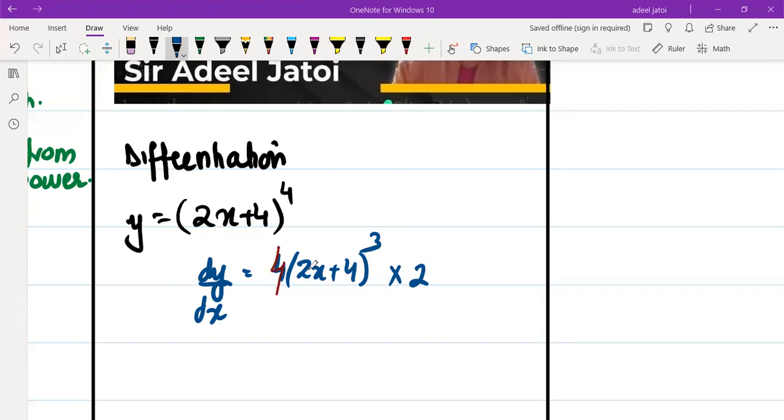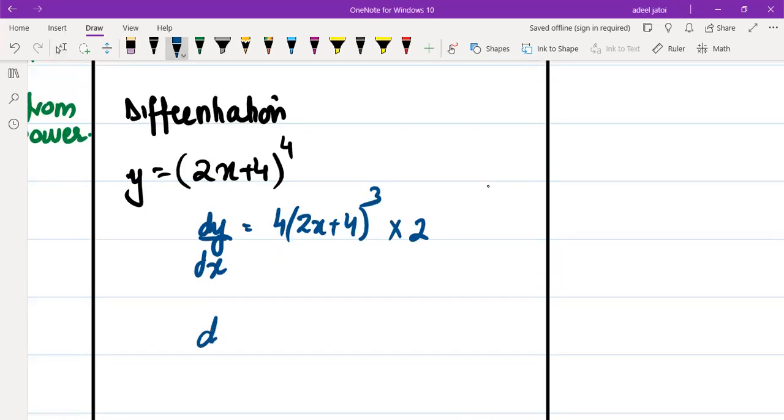So this is 4, same bracket, and then 4 minus 1 becomes 3. And then the differentiation of the bracket: 2x plus 4 gives 2, because 4 is a constant, it will be 0, but 2x will become 2. So the answer for this will be dy/dx is equal to 8(2x + 4) to the power 3.